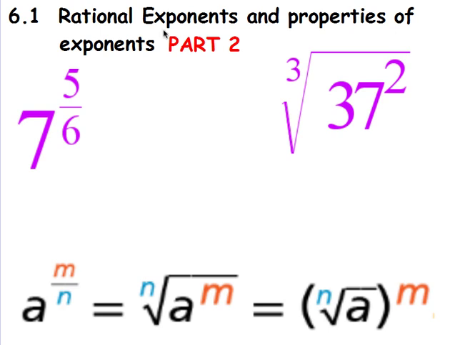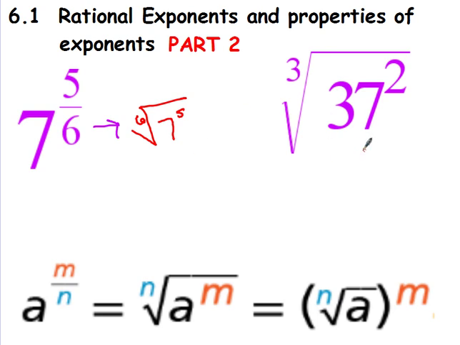So if I have 7 to the 5/6 and I want to change it to a root, I follow these steps. I know I'm going to have the 6th root because my denominator is a 6, and my radicand would be 7 to the 5th power because my numerator is 5 and my base is 7.